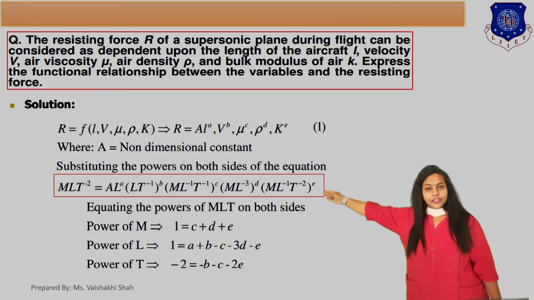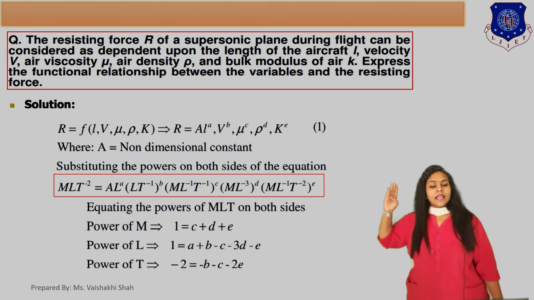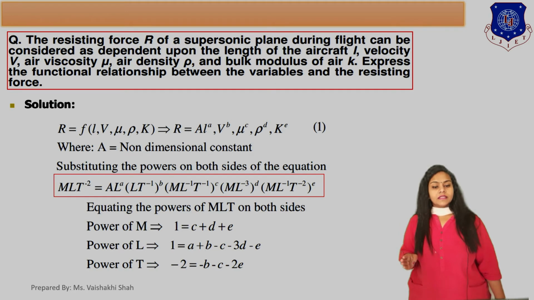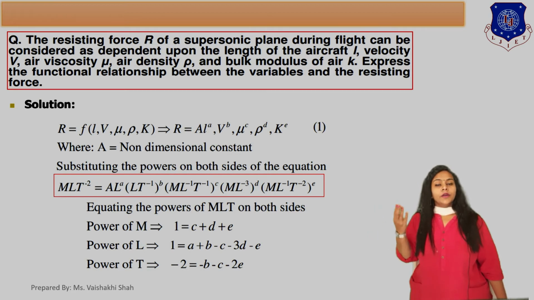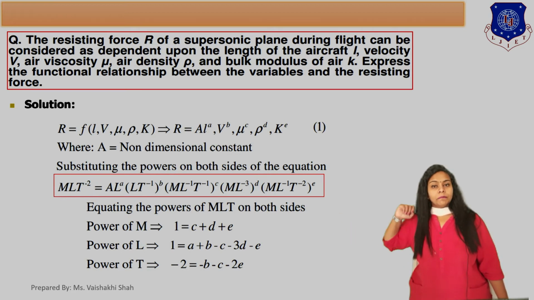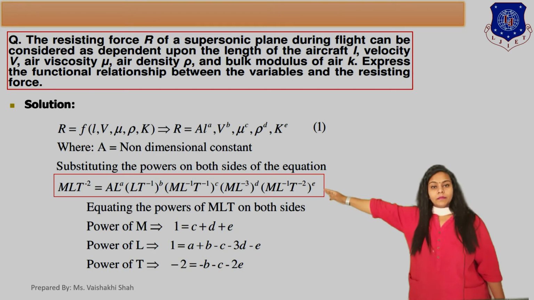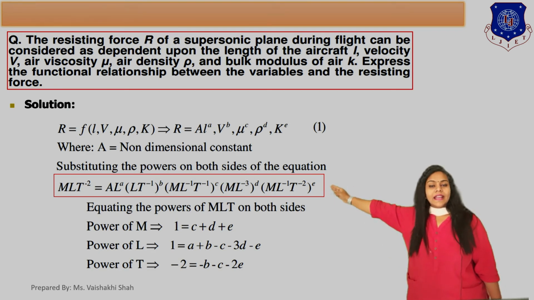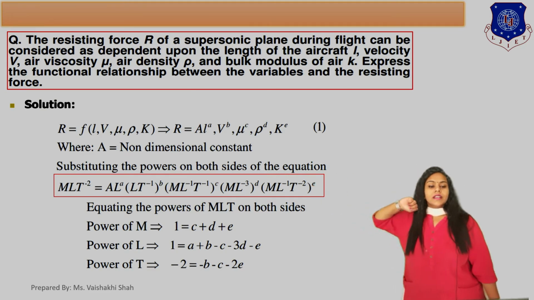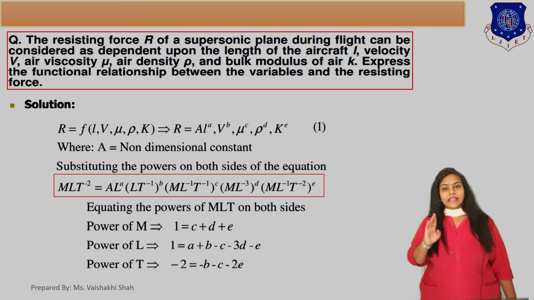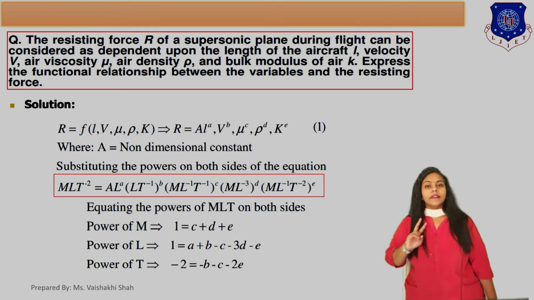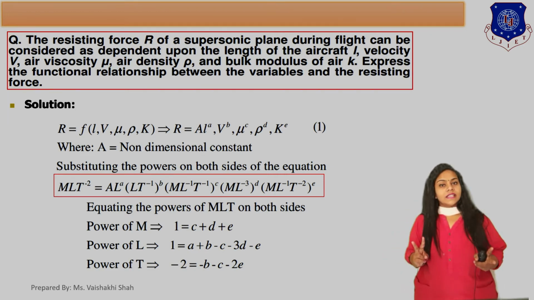So, first is A plus B minus C, because there is minus C in the form of mu, then minus 3 into D, and at last there is minus E. These are the powers of L on both the sides.